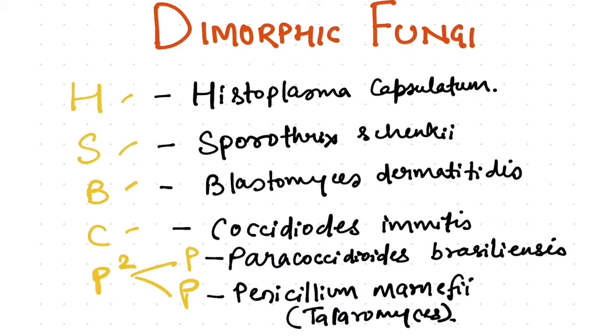Once again, the mnemonic is HSBC P square, where H is for Histoplasma capsulatum, S for Sporothrix schenckii, B for Blastomyces dermatitidis, C for Coccidioides immitis, then P for Paracoccidioides brasiliensis, and P for Penicillium marneffei. It's not very difficult to remember.